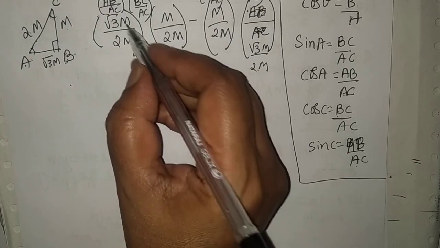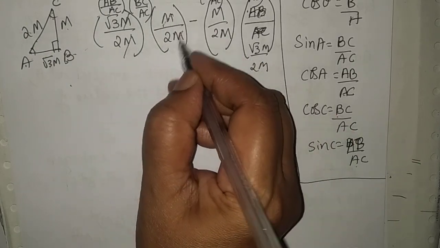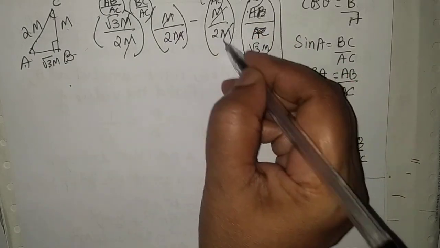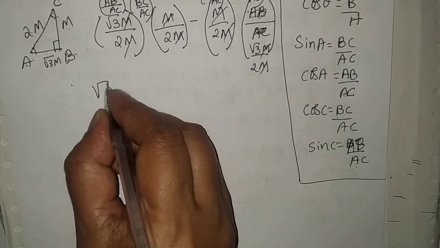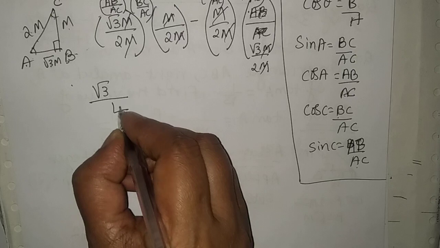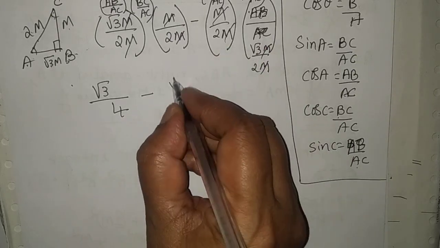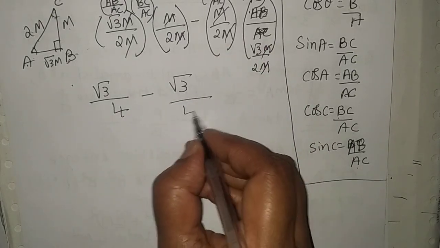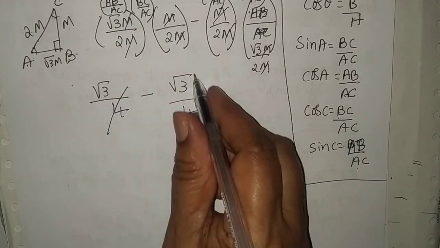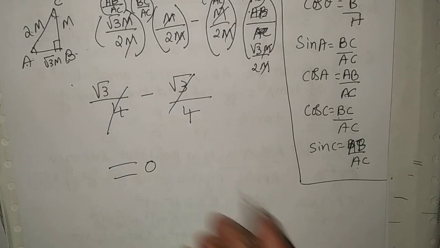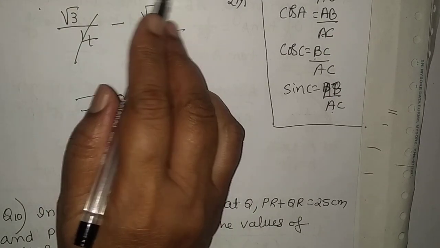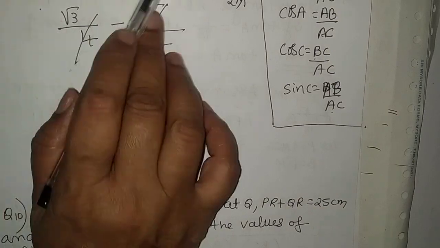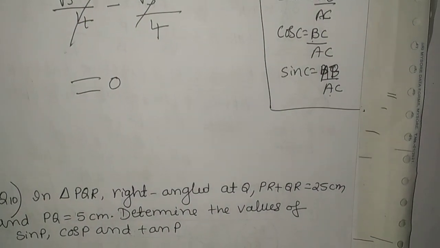Now substituting this, just cancel, the 2s all cancel. Finally we get root 3 by 4 minus here also root 3 by 4. Plus or minus cancel, the answer is 0. This is the solution. But you should be very careful while calculating this, because the angles in each case are changing.